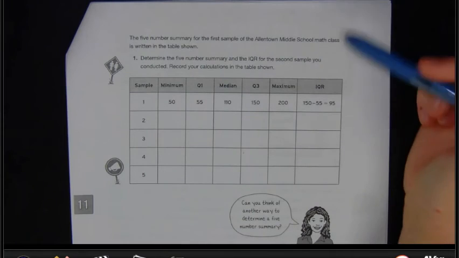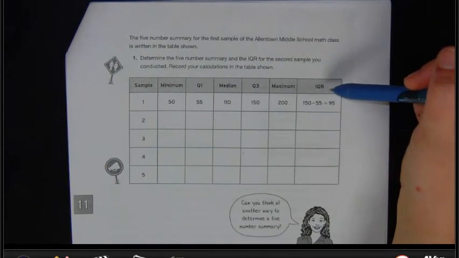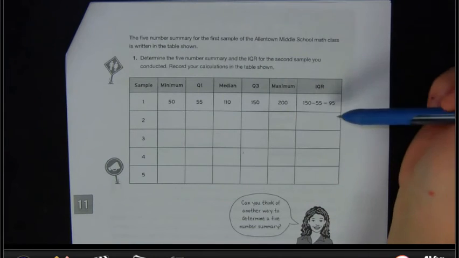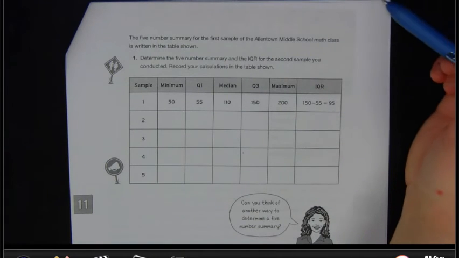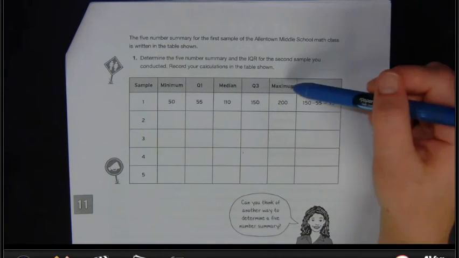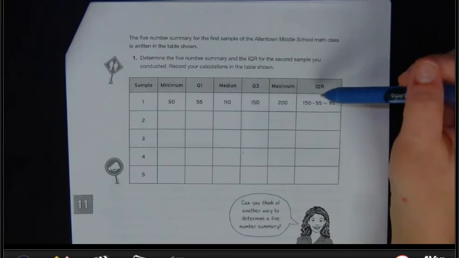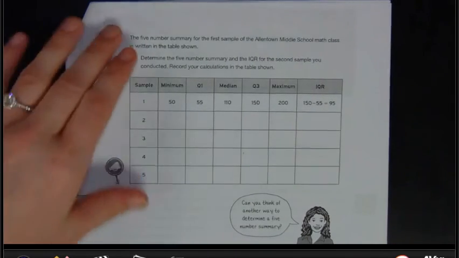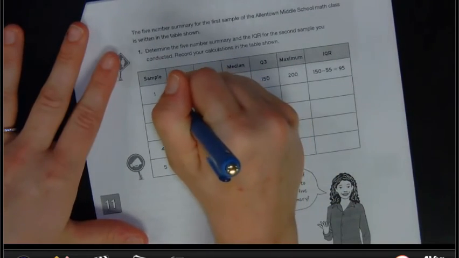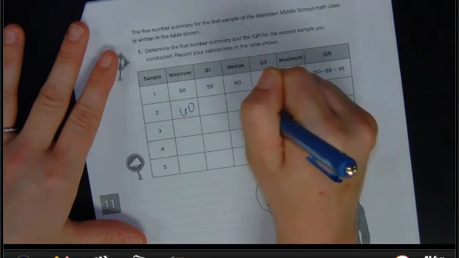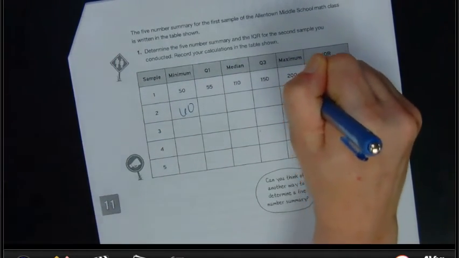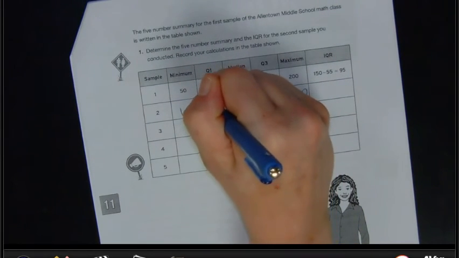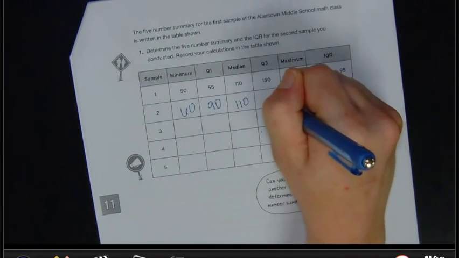Okay. Once you get to the interquartile range, what you're going to do is take Q3 subtract Q1. Now, the range is the maximum minus the minimum, but IQR is Q3 minus Q1 to get you to your IQR. Okay. All right. So for my second data set, I had 60 for my lowest, 200 for my highest, 110 for my middle. Q1 was 90.